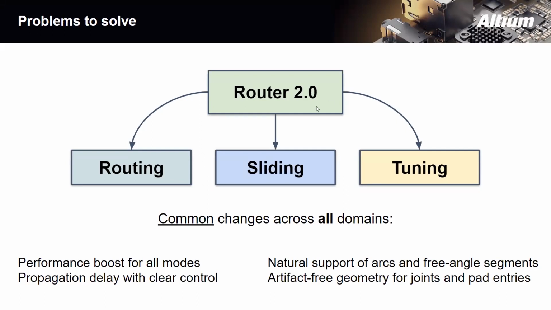It's not only the performance boost, not only geometry quality, but also some high-level features like propagation delay support in all modes, including routing, tuning, and sliding. And of course, better support of odd angle segments, arcs, and similar geometrical objects, including T-junctions.